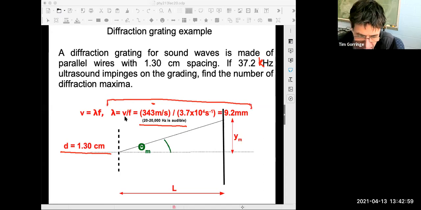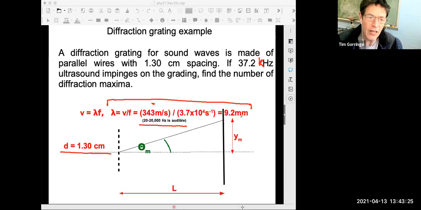I didn't directly know the wavelength of the sound, but I got it from this relationship between the wavelength, frequency and the speed of sound waves. Sound waves travel at 340 meters per second. The frequency is 37 kilohertz. Plug that in, and I get that the wavelength is 9 millimeters.